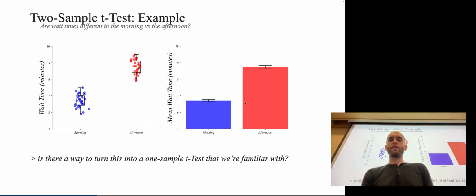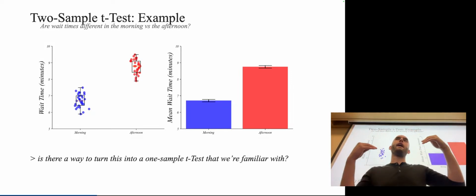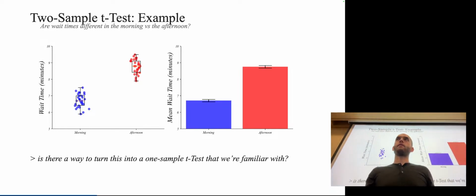And then I've also on the side here plotted the sample means. So this is just the height of the sample mean. And then I have these error bars representing the sample standard error of the data, which you can see is much tighter than the actual distribution in the raw data. And you know why this is.